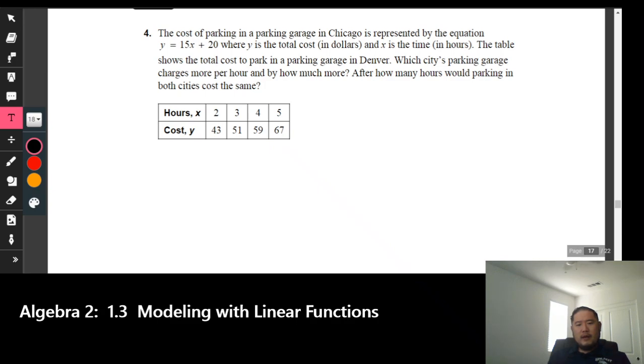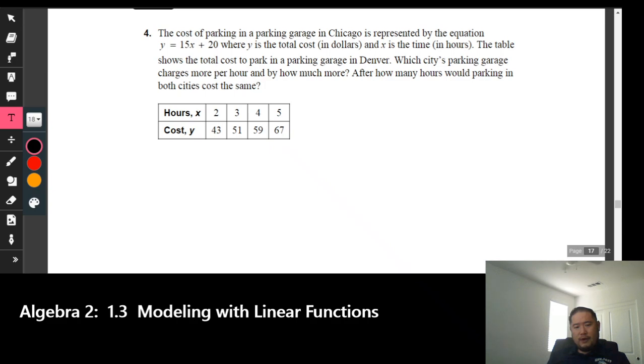Now, remember, if things are linear, there's going to be a consistent growth or a consistent regression. You'll either add the same amount each time or subtract the same amount each time from your data. So let's double check right here.